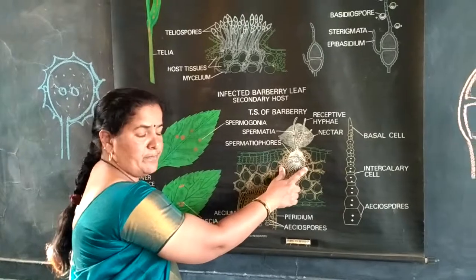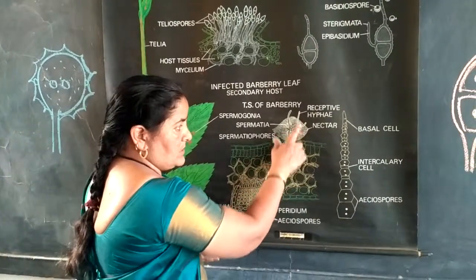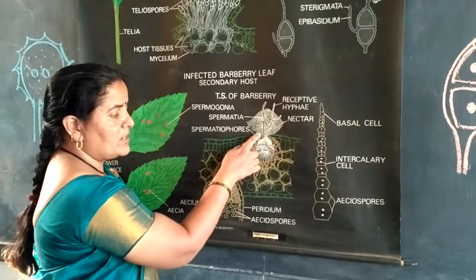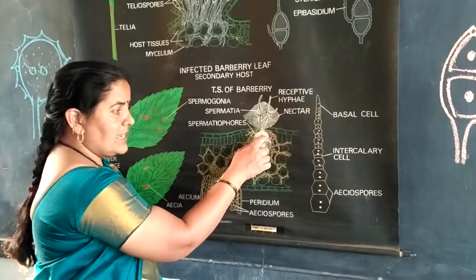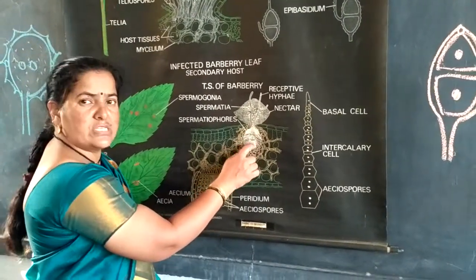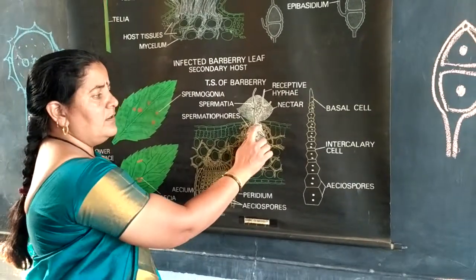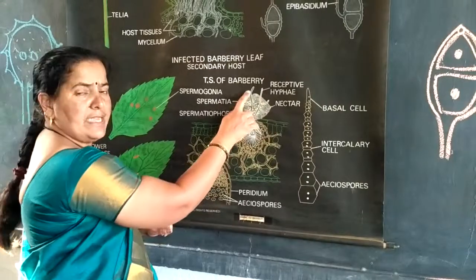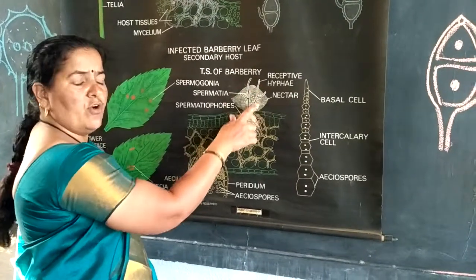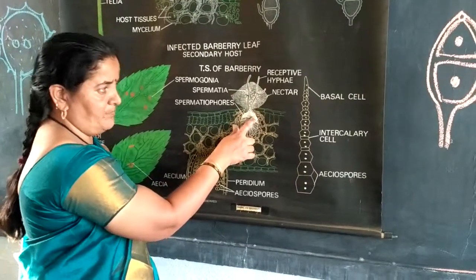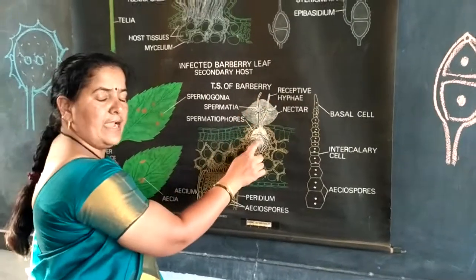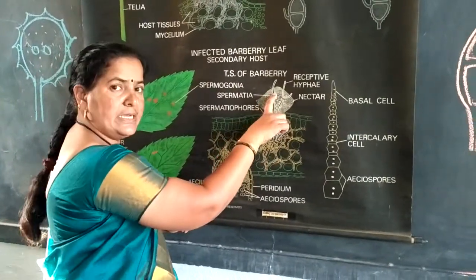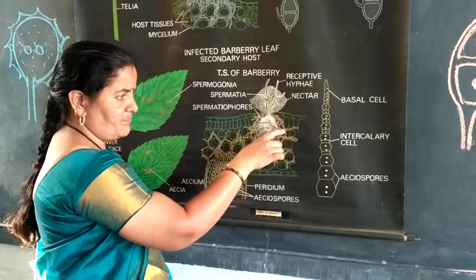This is a specific cup-like structure inside which pycniospores are developed, and at the tip of the pycnial cup, branched hyphae are present. They are called receptive hyphae. The receptive hyphae and pycniospores are important structures in the pycnial stage.